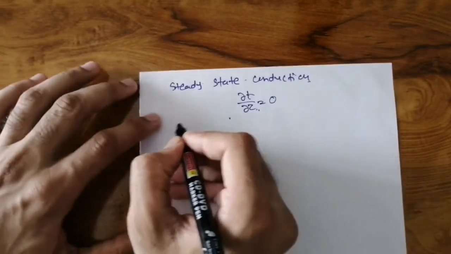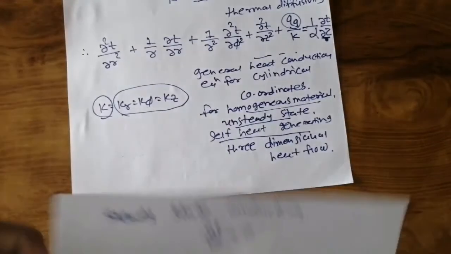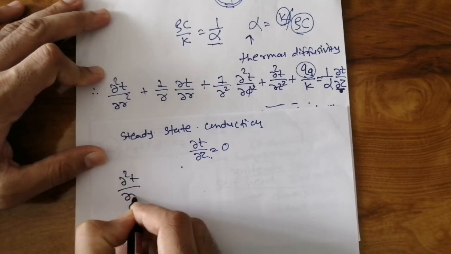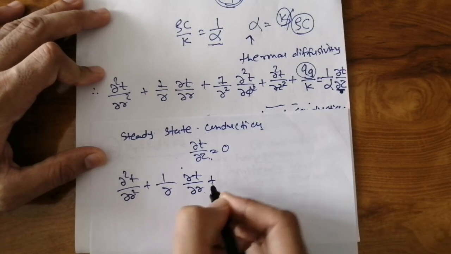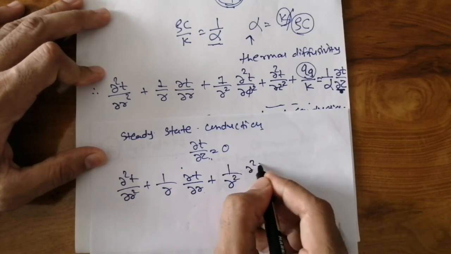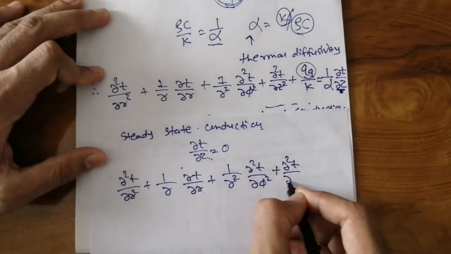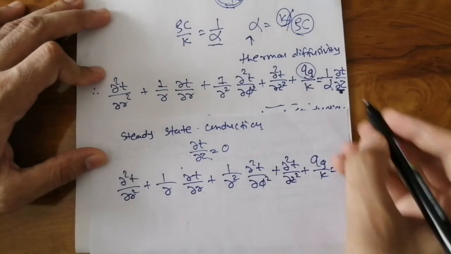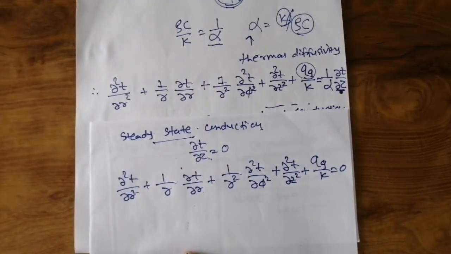So what will be the remaining terms? Del square T by del r square plus 1 upon r del T by del r plus 1 upon r square del square T by del phi square plus del square T by del z square plus Qg by K is equal to 0, because we considered the steady state condition.